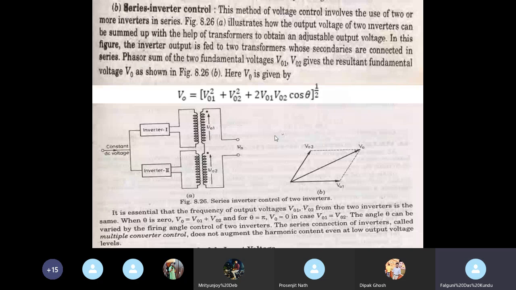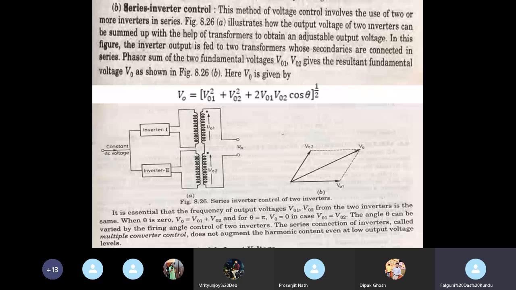It is essential that the frequencies of the output voltages must be the same. That means V01 and V02 must be of the same frequency, and when theta is 0, V01 and V02 are in the same line. When theta is 0, V0 becomes V01 plus V02, and when theta is equal to pi, then V0 is 0, in case V01 is equal to V02.